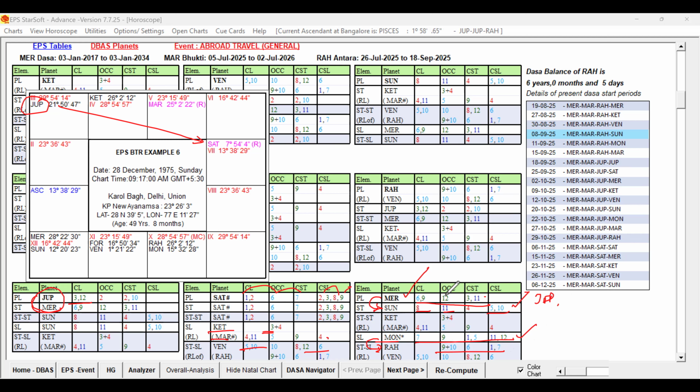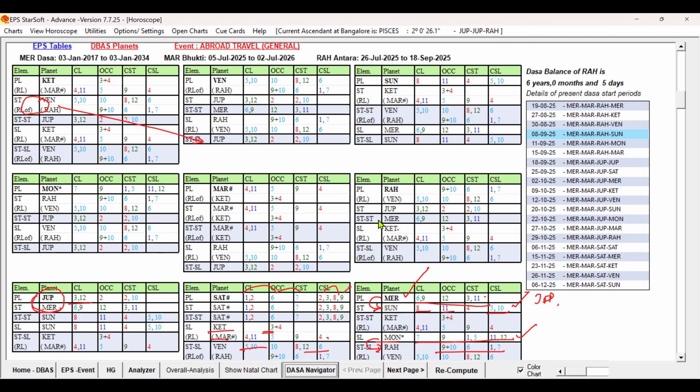Now, under Mercury, in which antra did he travel? In the Mercury Bhukti, the favorable key planet in Mercury is Mercury itself, and the planet which is aspecting Mercury, Jupiter.